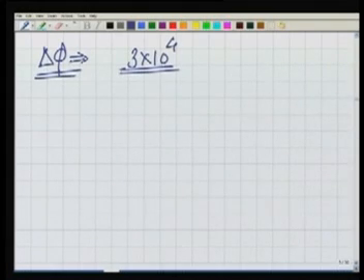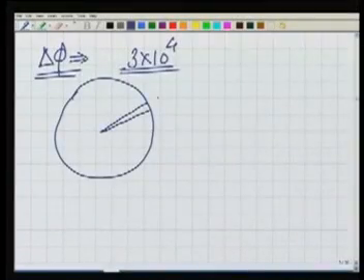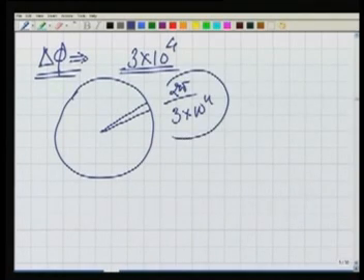Because the phase is an angle, I can show the 2 pi angle like this, and within this 2 pi phase, I can measure the phase difference with a least count of 2 pi by 3 into 10 to the power 4. So, there are instruments in the market which can measure the phase difference with this kind of accuracy. Now, what can we say in terms of the corresponding wavelength? Okay, let us have a wavelength here.